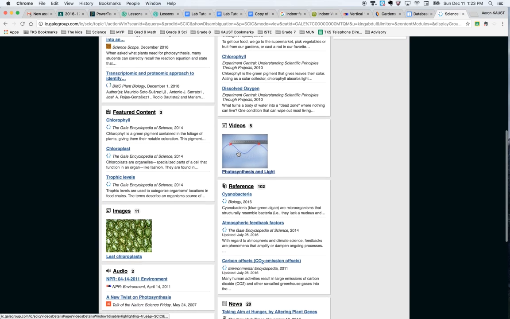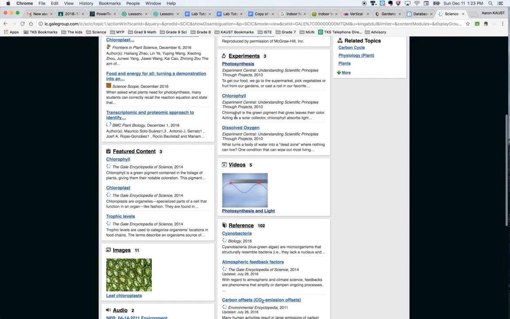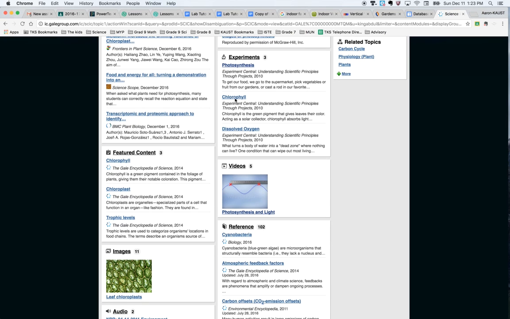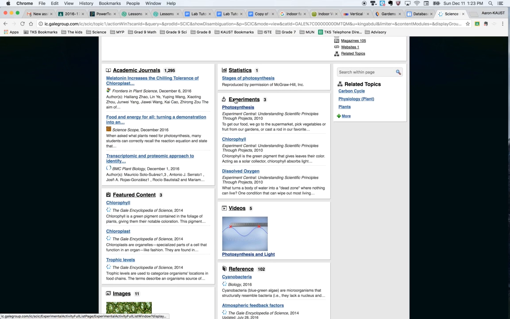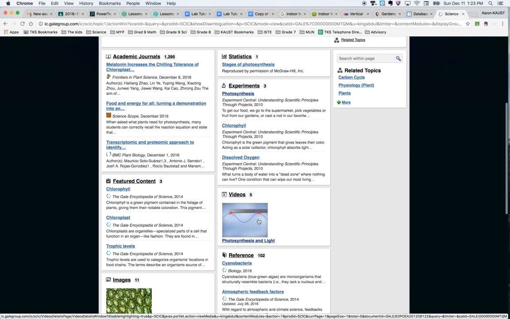As I was skimming through here, I noticed something about chlorophyll. Maybe let's have a look at that, or is there something else here that might be helpful? Chloroplast. Oh, photosynthesis and light. Wow, okay, that looks like it could be a winner right there.